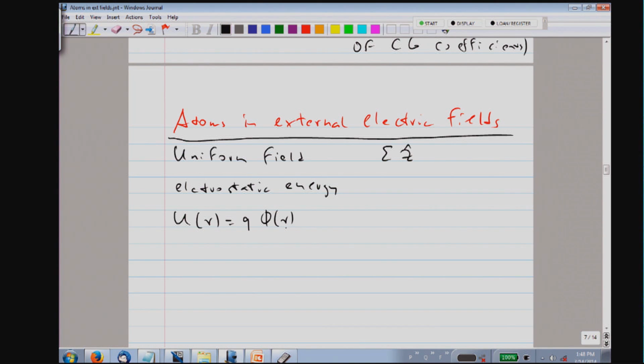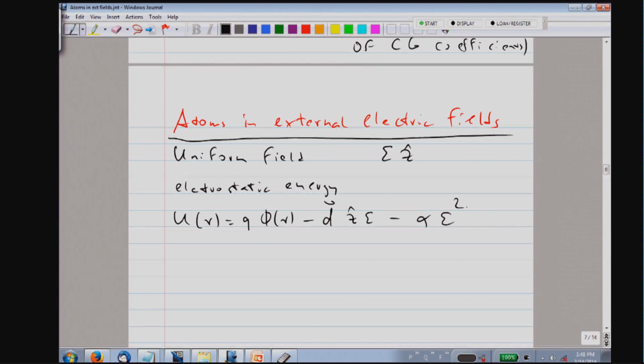We have a monopole term. We have a dipole term. And we have a quadratic term.